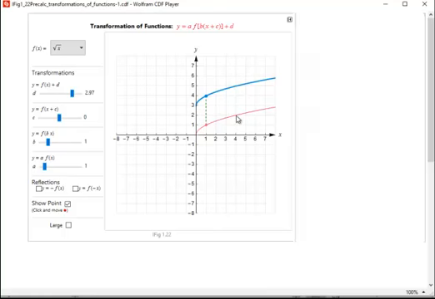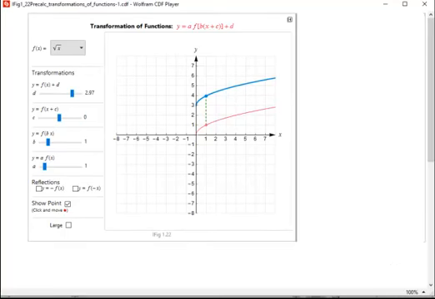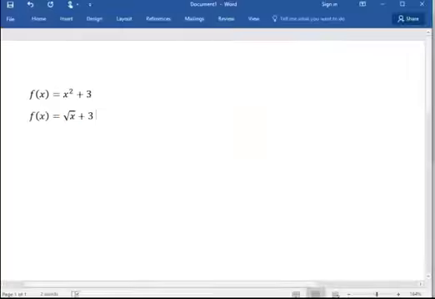This point that was at 4, 2 has now shifted up 3 to 4, 5. Okay, so that has the function, and here we have what the square root function would look like. F of x equals the square root of x, which was your original graph, plus 3 when it shifted up.